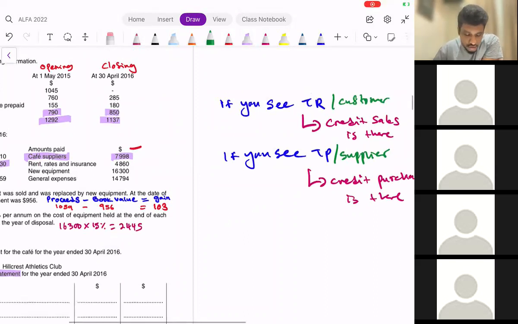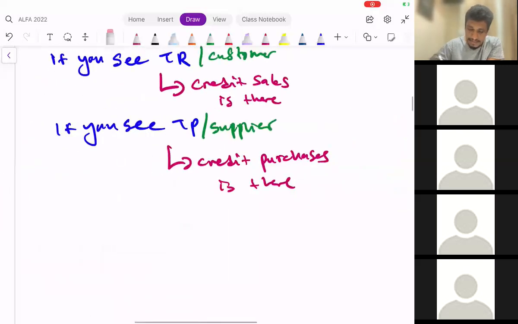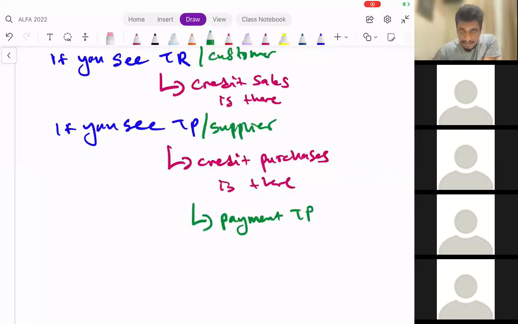So in this question, do you think there is credit purchases? Yes, I can see credit supplier. Do you remember the formula to calculate the credit purchases? Payment to the trade payable, plus balance CD, minus balance BD.